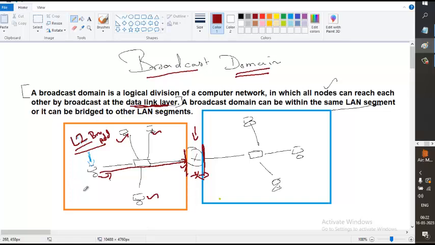Now for each broadcast domain, we will have different networks. Say, for example, this is 10.0.0.1 network, 10.0.0.2, 10.0.0.3. And here is another network, 20.0.0.1.